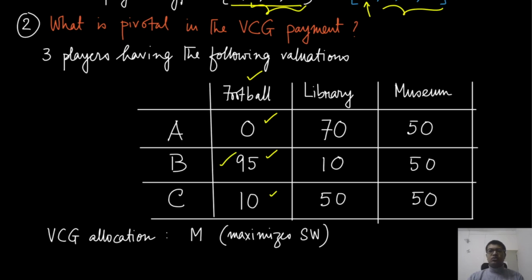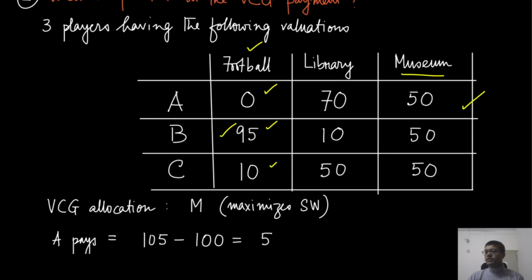Library gives a total social welfare of 120, 130, and museum gives a social welfare of 150. So clearly museum is the winner, so that is the social welfare maximizing allocation. That is also going to be the allocation in the context of VCG.